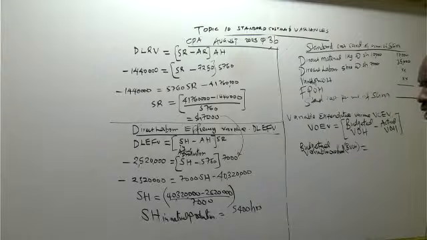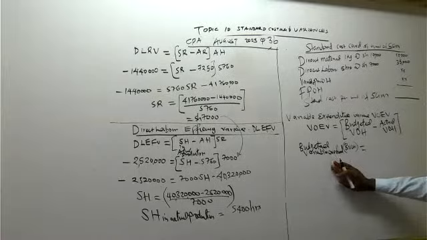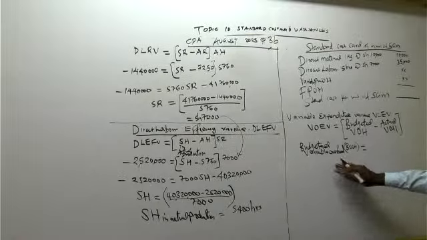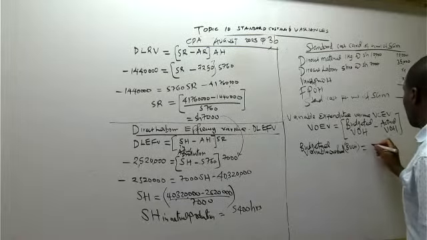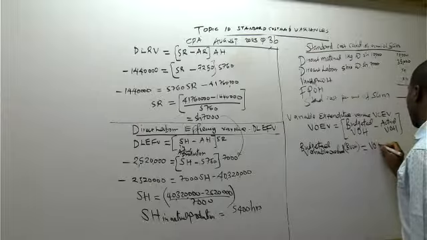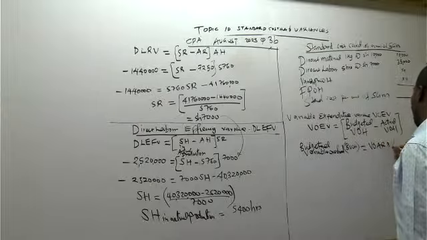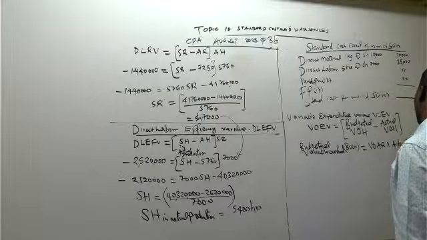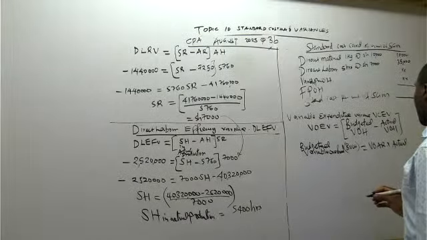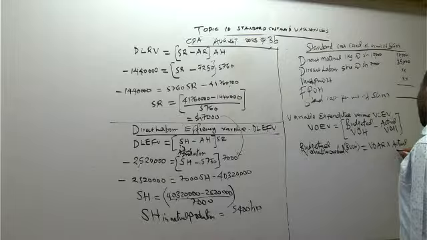budgeted hours times variable overhead absorption rate. Budgeted variable overhead is equivalent to variable overhead absorption rate. We multiply by actual hours.